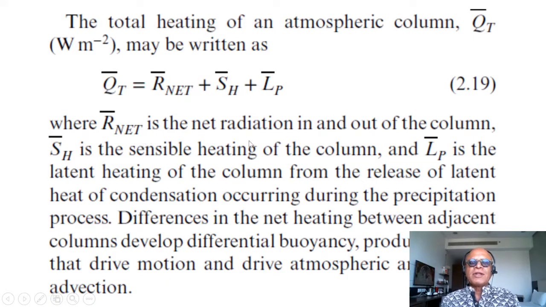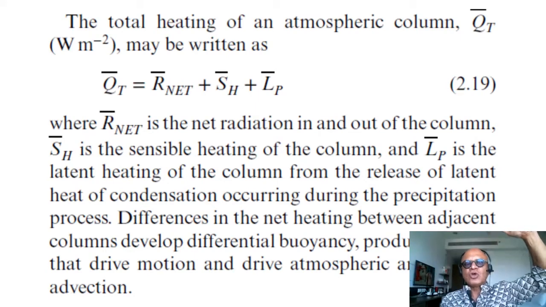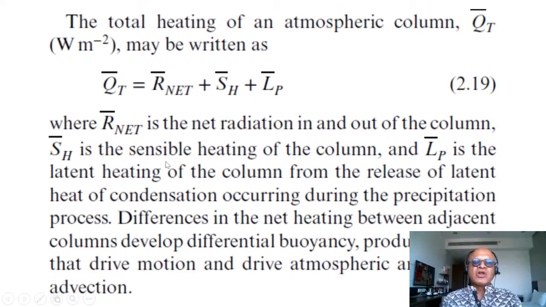So here R bar net is the net radiation in and out of the column. We are just imagining one column going from the surface to the top of the atmosphere. S bar H is the sensible heating of the column, so it's driven by the temperature difference, let's say between the surface and the atmosphere, or between two atmospheric levels or layers.